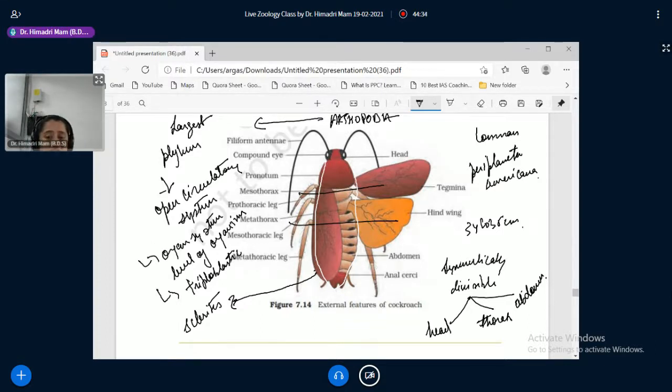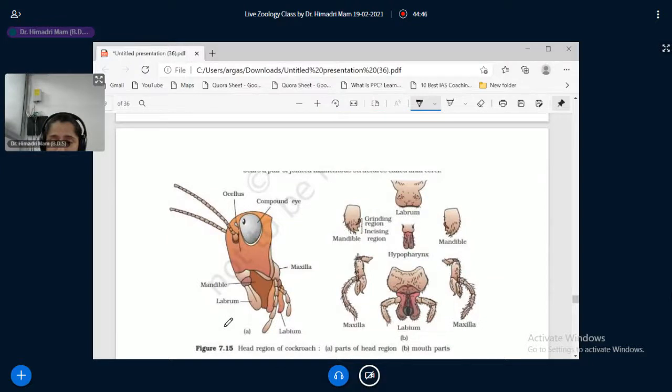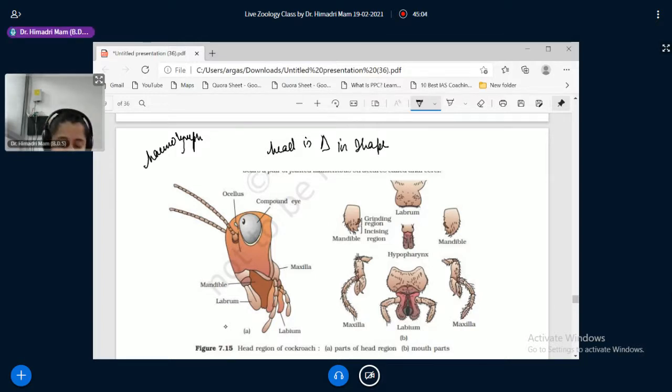Now, here they have the colorless fluid known as the hemolymph. Get it? Now the head is triangular in shape and lies anteriorly.